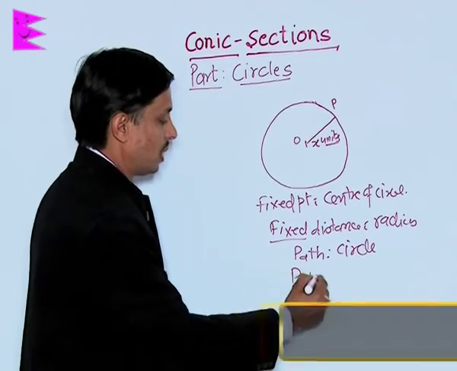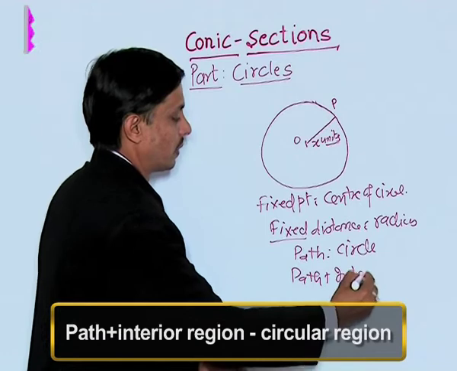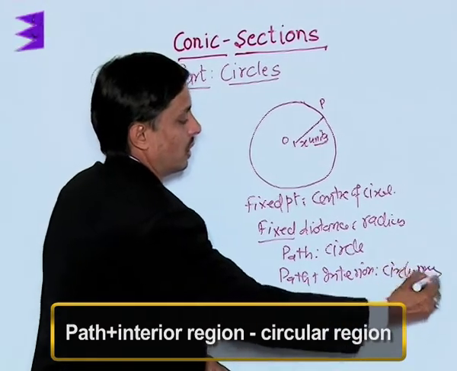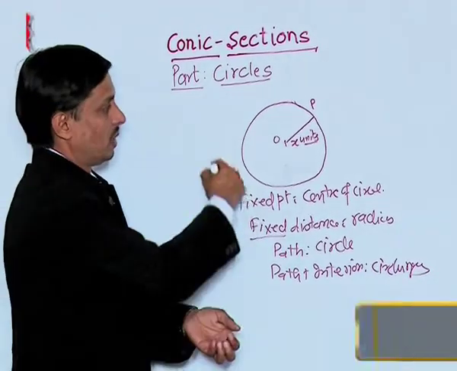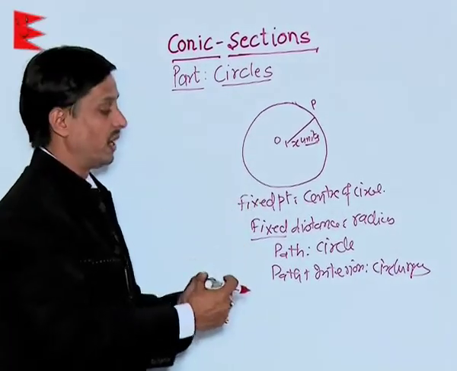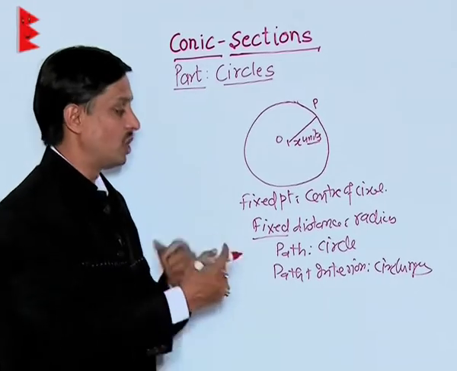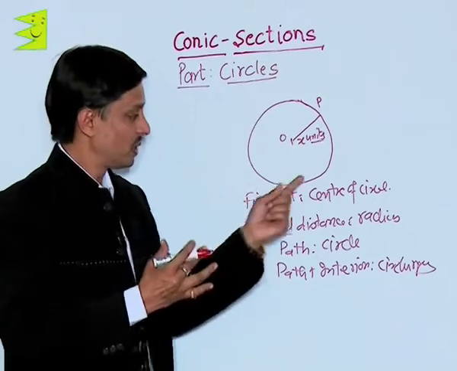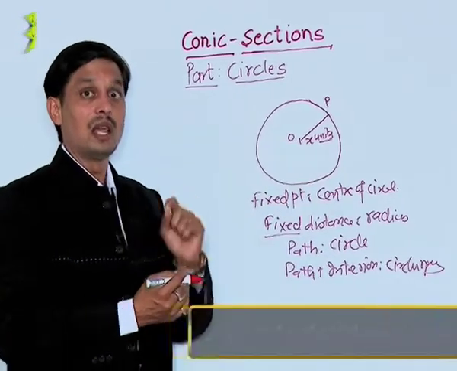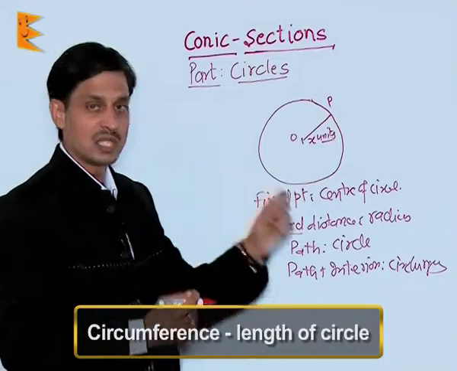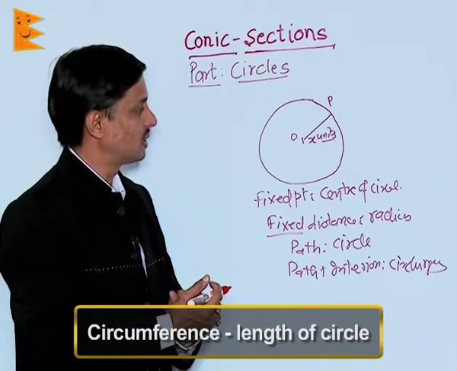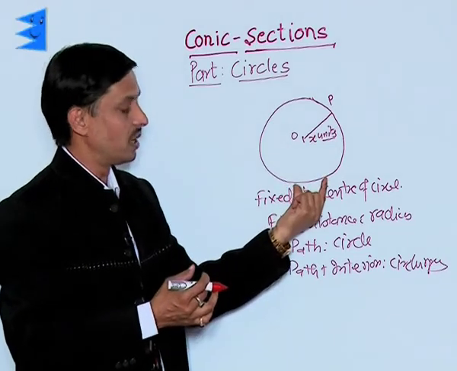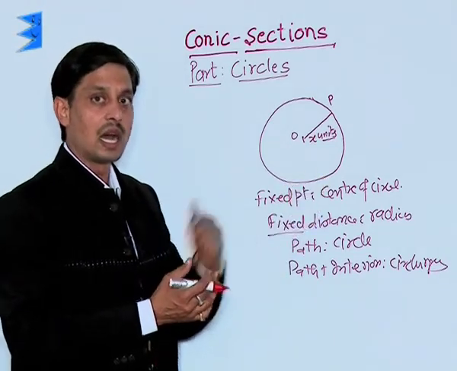Any point outside it is known as the exterior of the circle. What is circumference? The length of the circle is known as the circumference. If a part of the circle is taken, that is known as an arc.